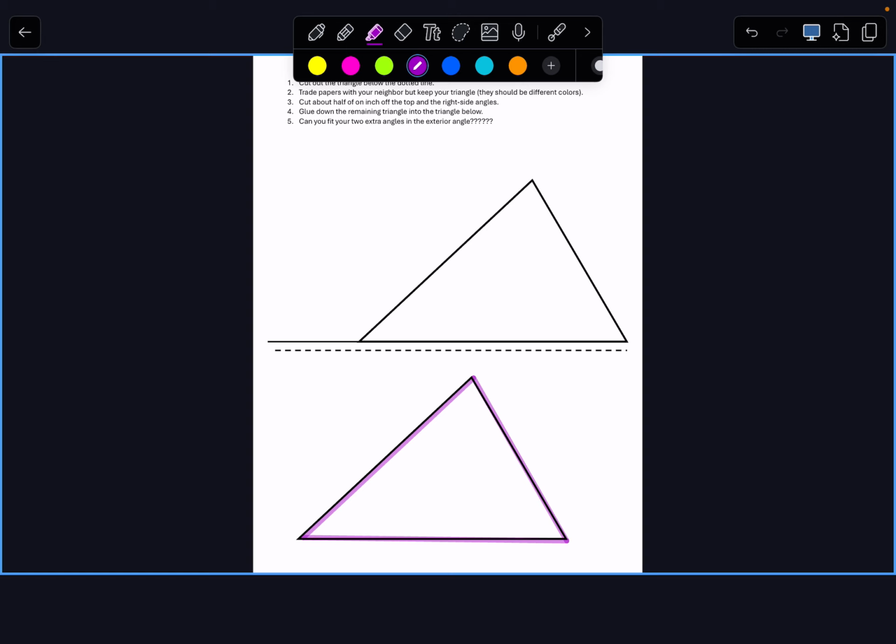Okay, so this is what we call an exterior angle. What I want you to do is keep your triangle and trade your partner at the top. So now you're trading your partner and your triangle is a different color than your paper. Now, this is what I want you to do.